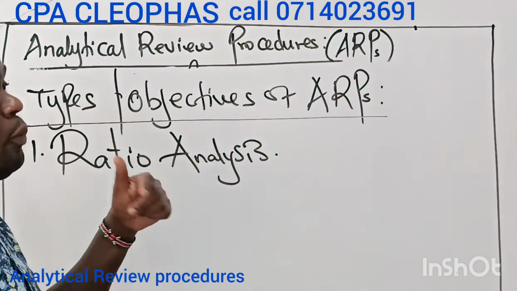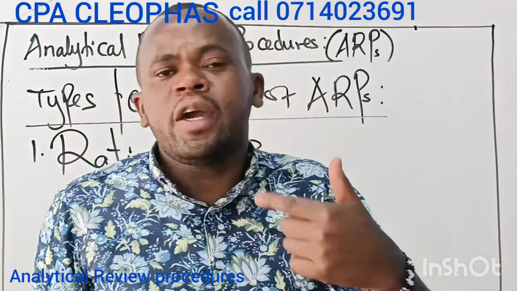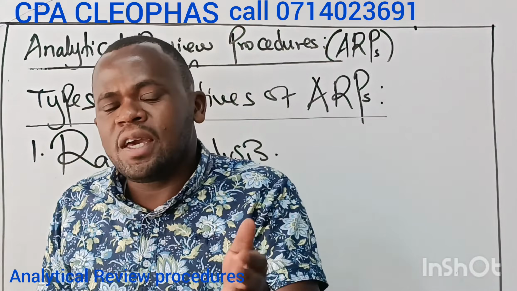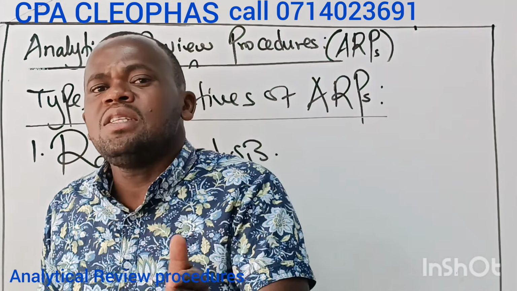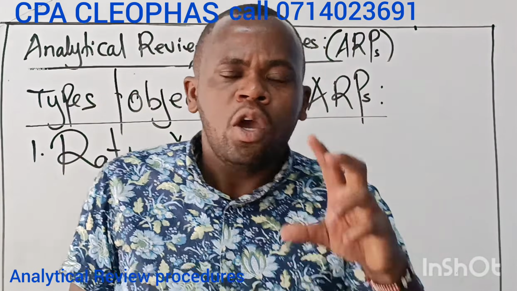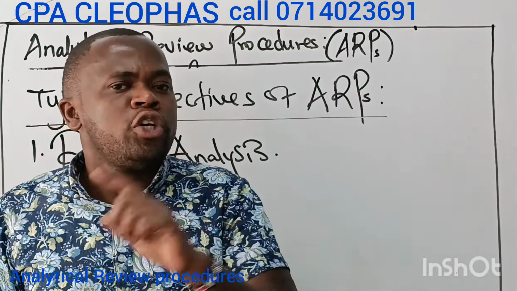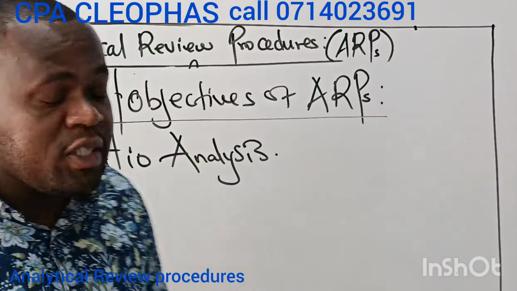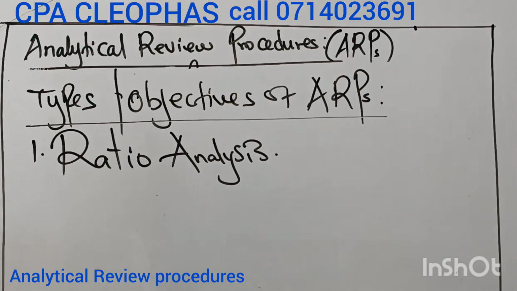Then that can help the company in making decisions. You can advise the management that the company's profits have been declining, then they can look at what to do to change the decrease in profits. So that is one of the types of ARPs.